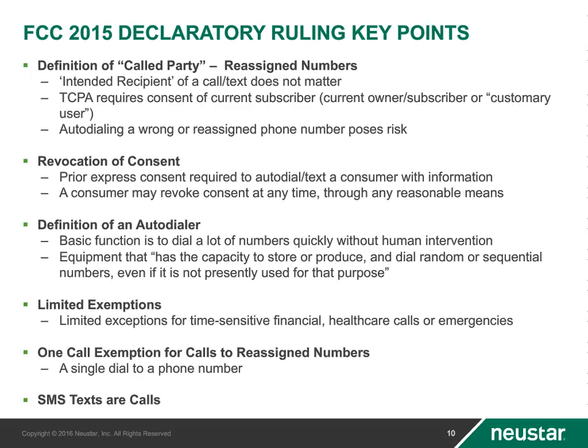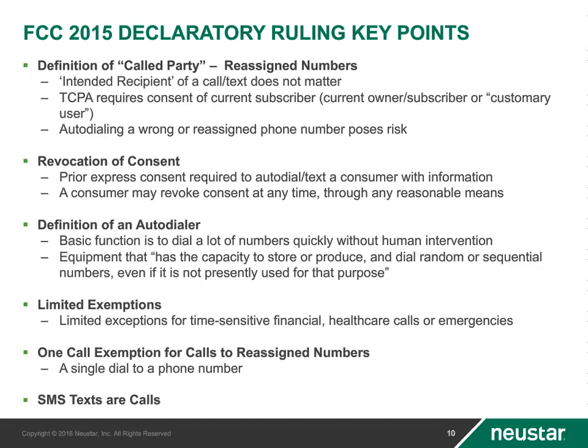Third, and one of the most controversial parts of the decision, the definition of an auto dialer. The FCC took an increasingly expansive view of the auto dialer definition in the statute, and it said that you look not only to the ability and the capabilities of the technology at the time you are placing the call, but also to what ability it could have, even if certain modifications may be needed.